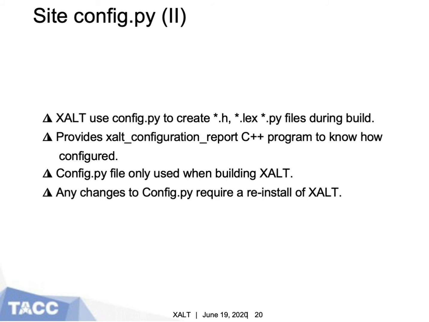XALT uses config.py to create some header files, some lex files, and some py files during the build. It also provides the XALT configuration report C++ program to know how it's configured. So config.py, your site config file, is only used when building XALT. On the flip side, any changes to config.py require a reinstall of XALT.